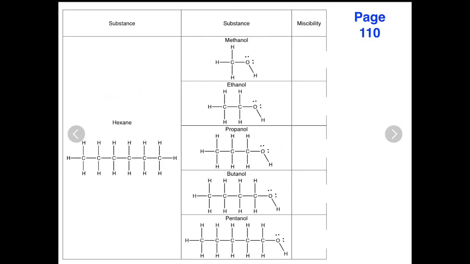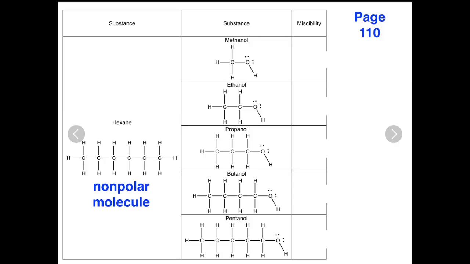Hexane is a hydrocarbon molecule that is nonpolar because it is composed of carbon-carbon bonds and carbon-hydrogen bonds, which are nonpolar bonds. It makes the whole molecule nonpolar. Note that whenever you see carbon-hydrogen or carbon-carbon, those are the parts that are going to exhibit nonpolar character.